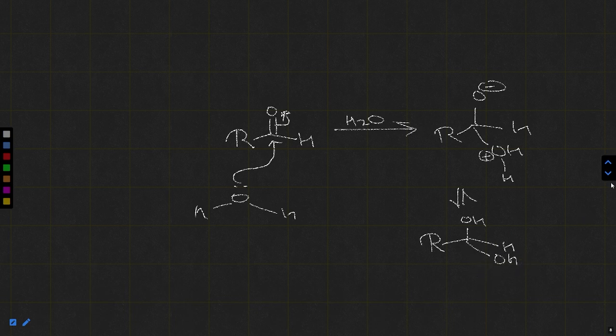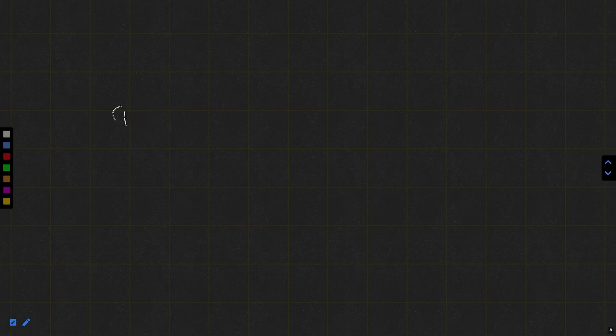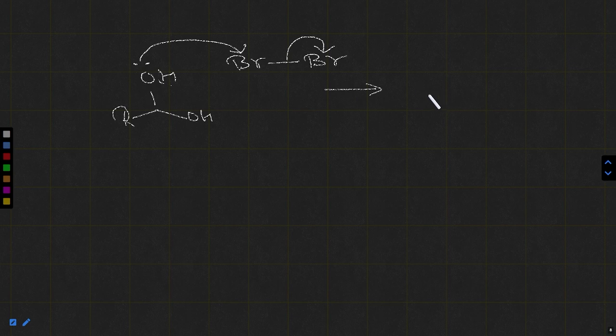Now what will happen? We have ROH. I am not mentioning this H here now because it is understood. Now we have O with a lone pair, and we have Br2. Now this will attack here. Now what will happen?